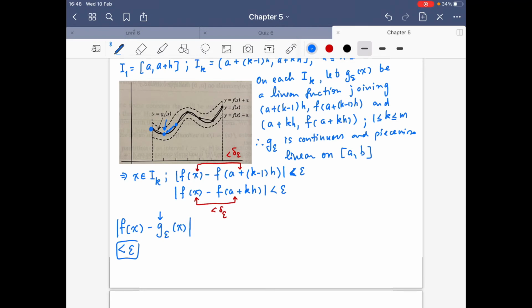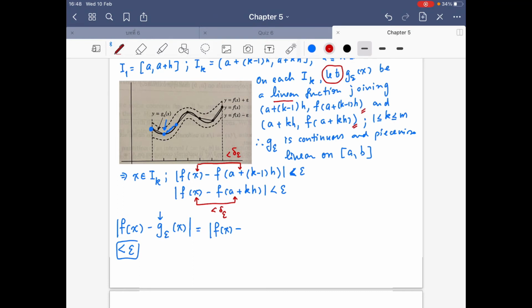What we are going to do is determine the difference between f and g. So we really need to know what g is, right? Here we're saying that g epsilon is a linear function joining this point and that point.